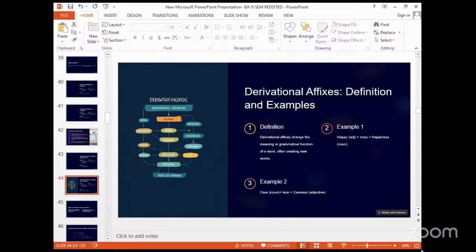Now again, careless. Care is a noun. When I add the suffix less to it, it becomes careless, an adjective. So derivational affixes change the class of the word completely, and at times even the meaning of the word is changed, like unhappy from happy.